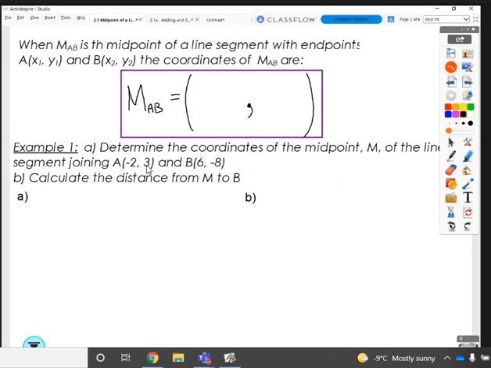So to get the x part of the midpoint, we take the first x value, add it with the second x value, and then divide it by 2. For the y part, it's the same idea. Take the first y value, add it together with the second y value, and divide it by 2. And that right there is the midpoint formula.